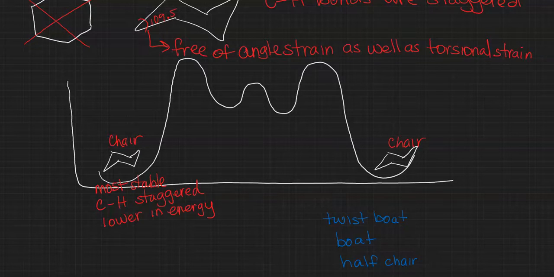The twist boat resembles what we have here drawn in green, so two boxes put together. And here would be where we would see the twist boat.